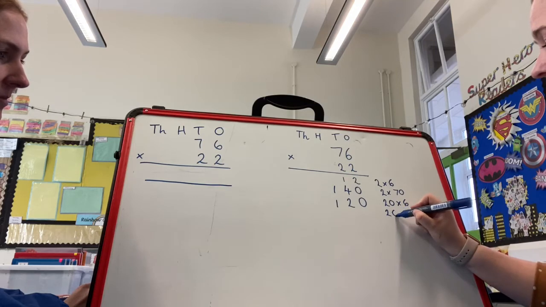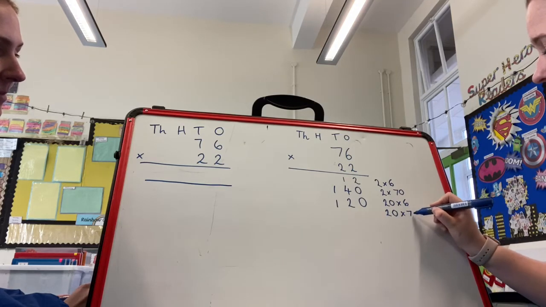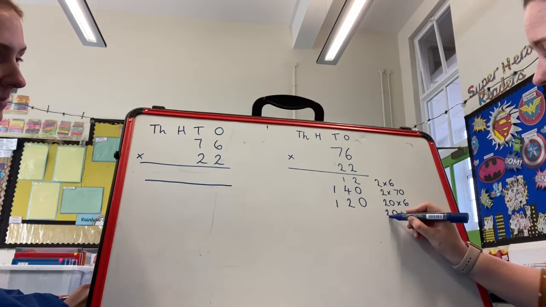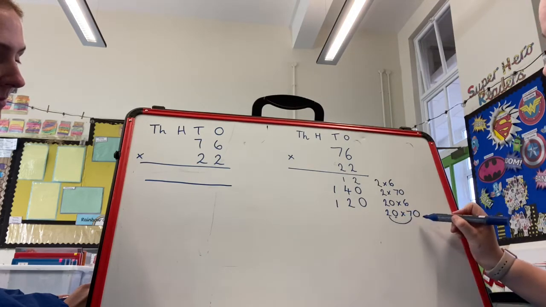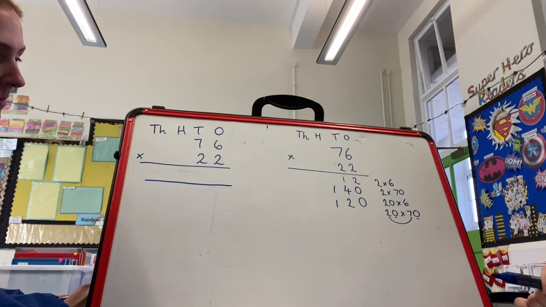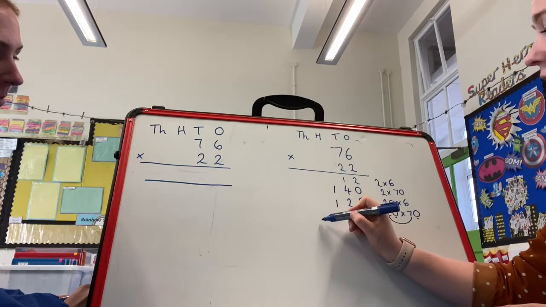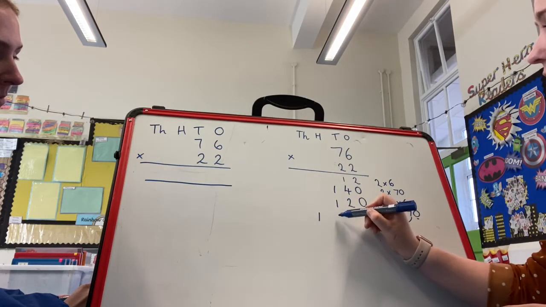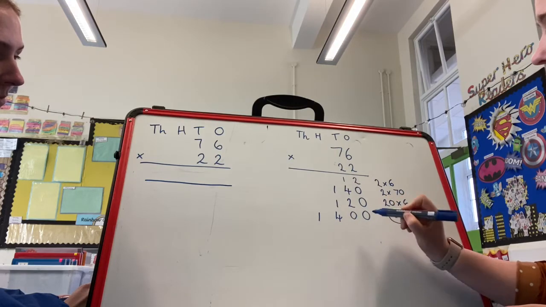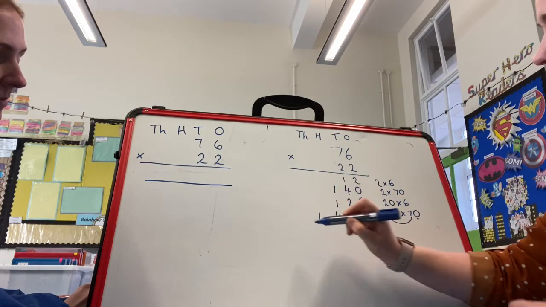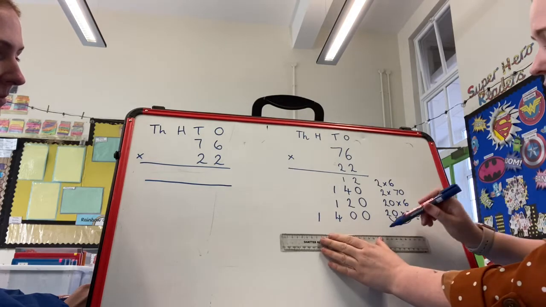So 20 times by 70. I know 2 times 7 is 14. Then I need to multiply it by 100. Okay, so 14 times by 100 is 1,400.